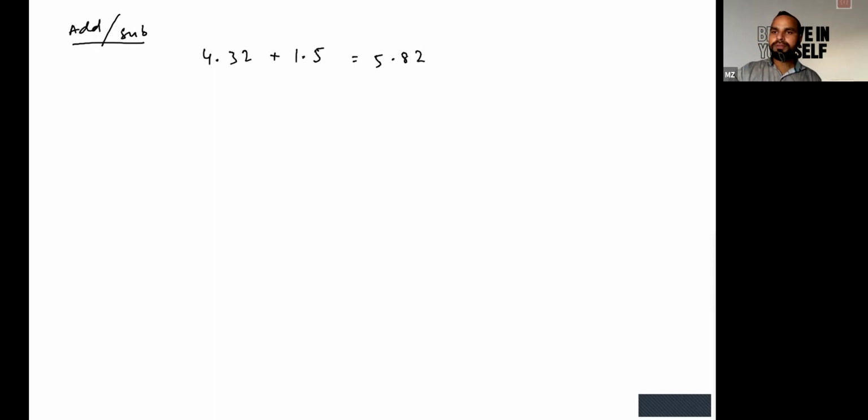Now, try to check which of these numbers is least precise. Precision simply depends upon the number of significant figures after decimal. In this part, we have two significant figures after decimal. In this part, we have one significant figure after decimal.